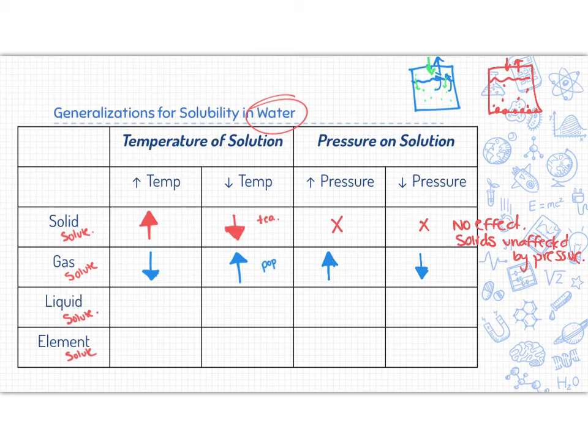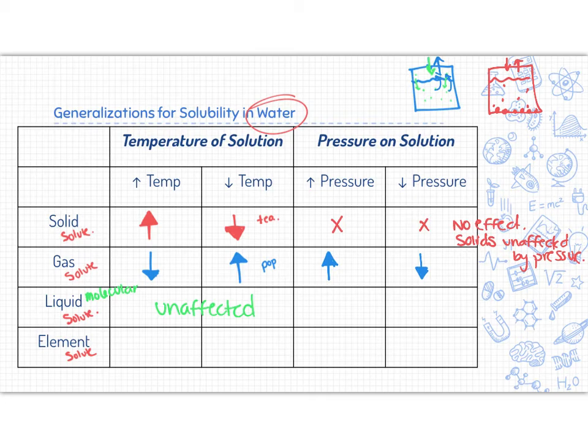All right, second last one, a liquid. A liquid is unaffected by temperature and pressure because typically a liquid is molecular. So it's unaffected or unchanged by an increase or decrease in pressure.